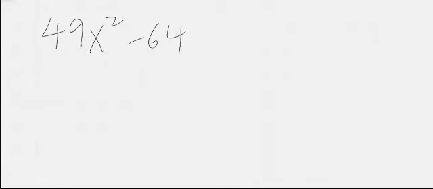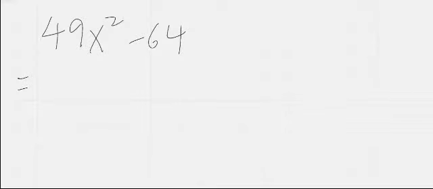So next we're going to talk about something similar, which might be easier, but might also be harder. We have something like 49x squared minus 64, and we have to factor it. First, you can pause this video and see if you can figure out something very special about these two numbers.